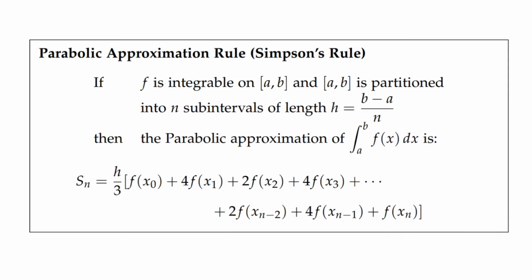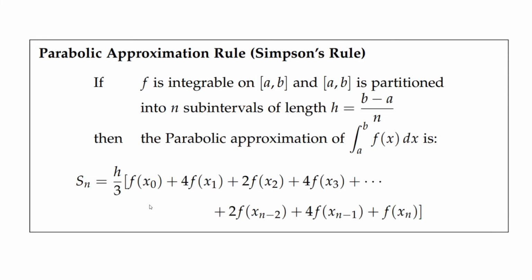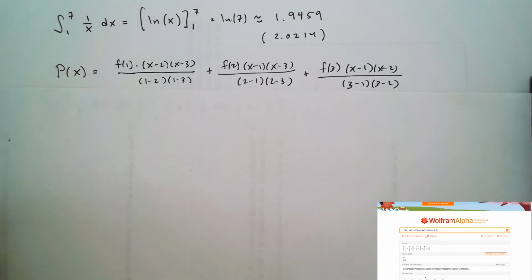We'll skip the details, but after some algebra, we arrive at our parabolic approximation rule, often called Simpson's rule, that gives us something similar to our trapezoidal rule. Instead of our delta x over 2, we have a delta x over 3 here. And instead of our 1, 2, 2, 2, 2, 1 pattern, we have a 1, 4, 2, 4, 2, 4, 1 pattern. But otherwise, this works very much the same way.